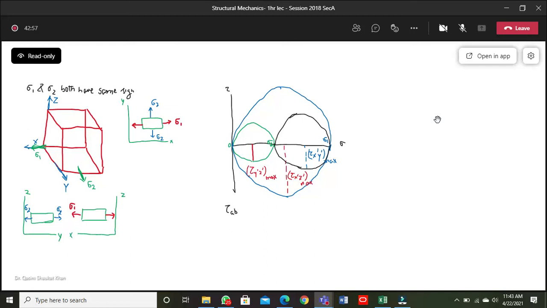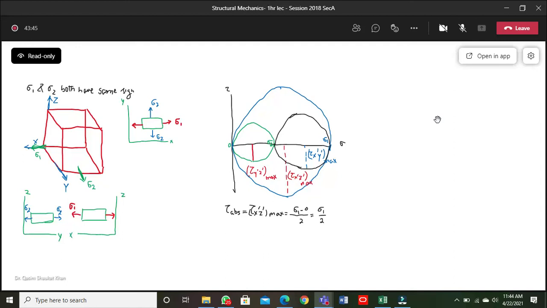Tau absolute maximum shear stress is basically tau x dash z dash maximum, and its magnitude will be sigma 1 minus 0 over 2. So this is sigma 1 over 2.